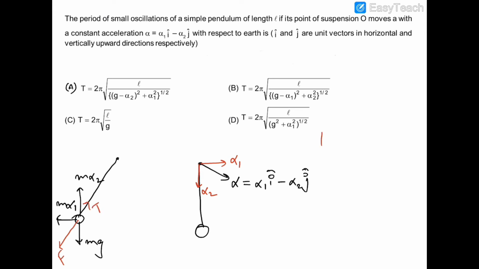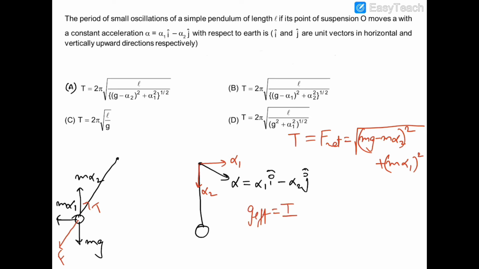So the net force will be equal to the resultant of these forces. So it would be under root of (mg minus mα2) whole square plus (mα1) whole square. So this net force will be equal to tension, and therefore g effective will be equal to T by m.